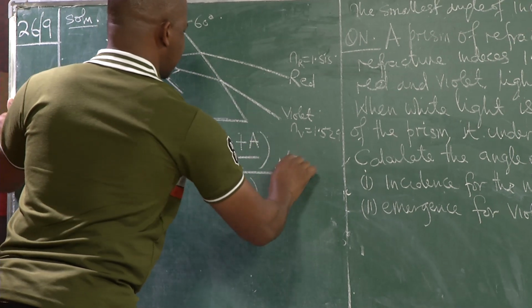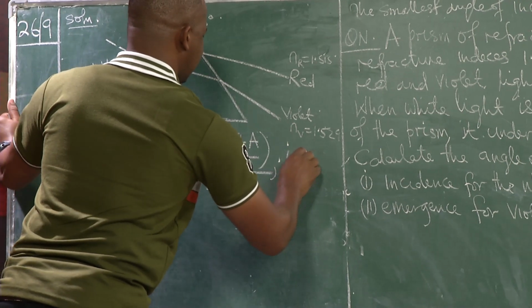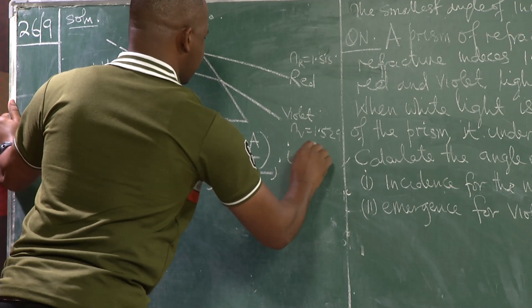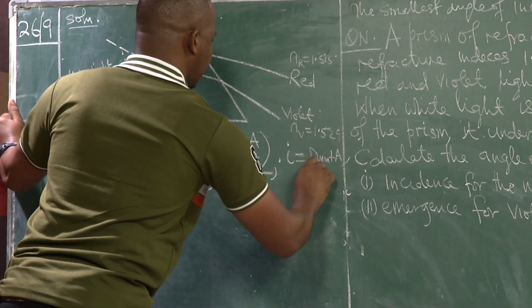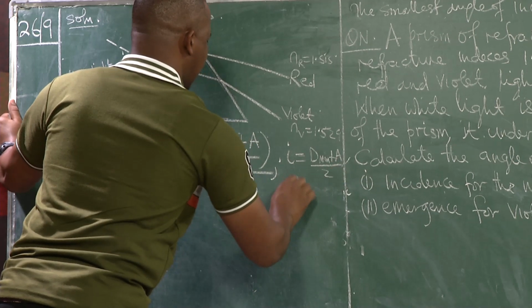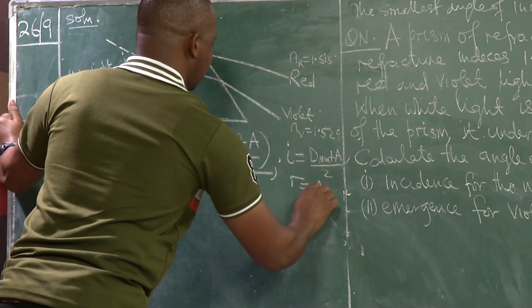For emphasis, I can say I is given by d min plus A over 2, and r is actually given by A over 2.